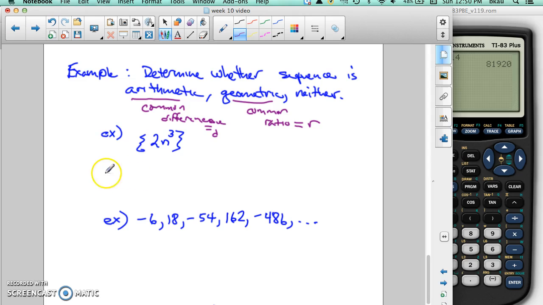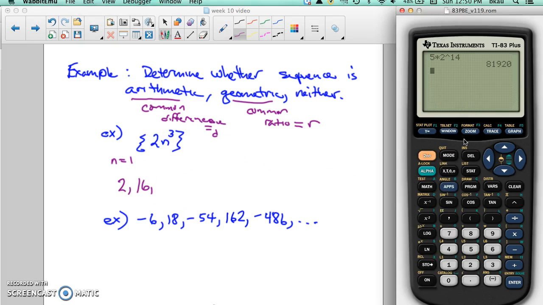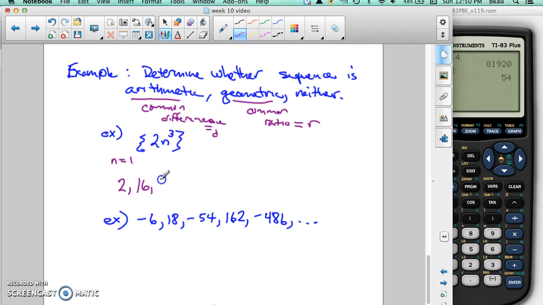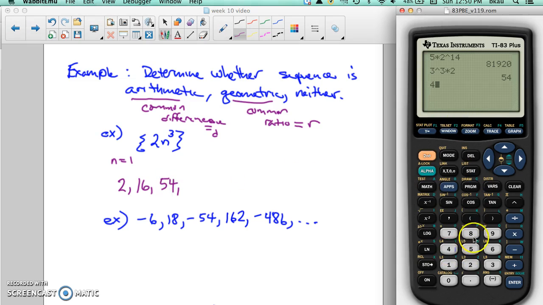Okay, so I'm just going to fill in some numbers here. I'm going to start with n is 1, so that would be 2. n is 2, that's 2 to the 4th, which is 16. Then n is 3, so that's 3 to the 3rd times 2, which is 54. And then n is 4, so that'd be 4 to the 3rd times 2, which is 128.